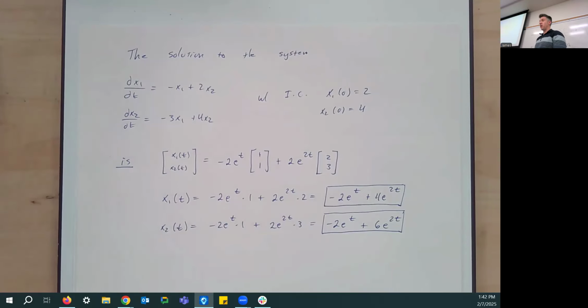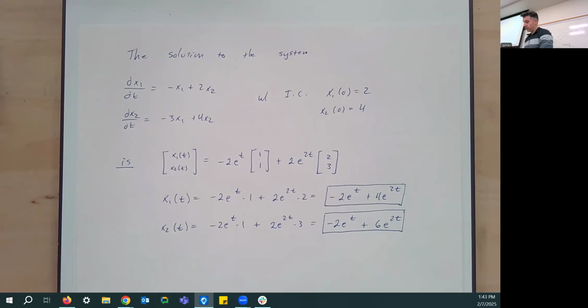Thinking back to where x1 was representing a predator population and x2 a prey population, they are growing according to this solution. So as time goes on, what's going to happen? Here's what matters the most: the largest positive eigenvalue. That's going to tell you whether this population is growing or not.